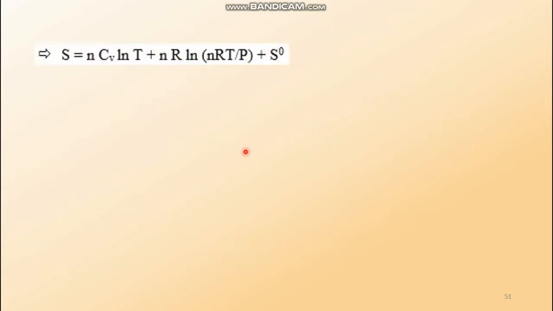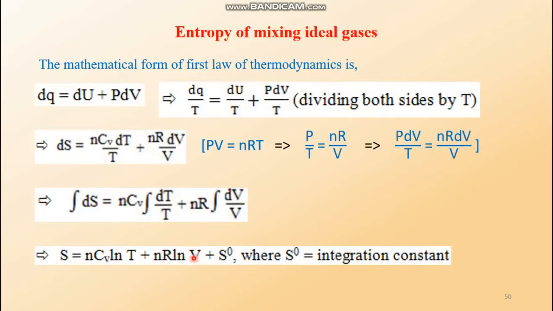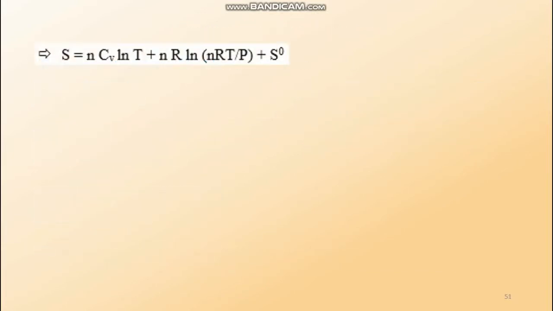If PV equals nRT, then V is nRT by P. So this value is substituted by nRT by P. Here nR is left the same, but in place of ln V we are writing ln nRT by P. All the terms in the left hand side are the same, S as usual.